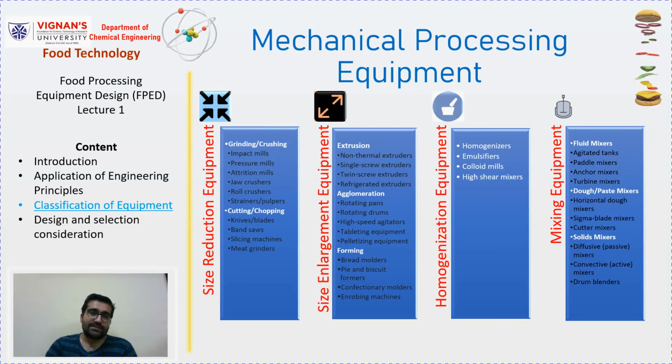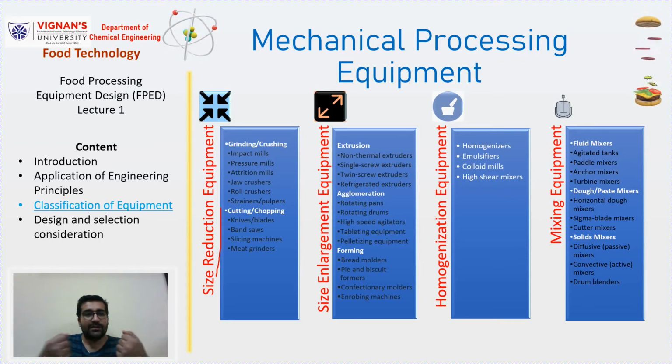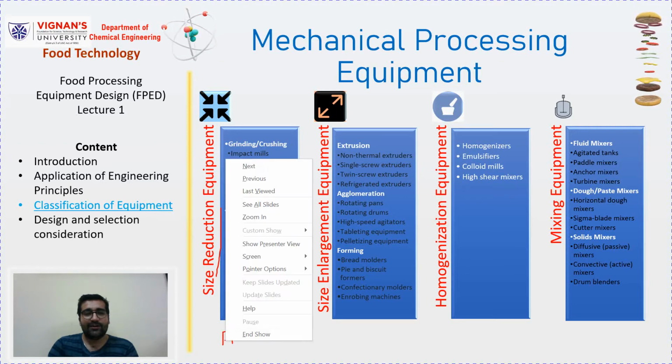The first subclass of mechanical processing equipments are the size reduction equipments, in which we reduce the size of the product by using impact force, compression force, abrasion force, or shear force. By shear force, impact force, or compression force, we break the product into smaller particles, which will increase the area of the product.